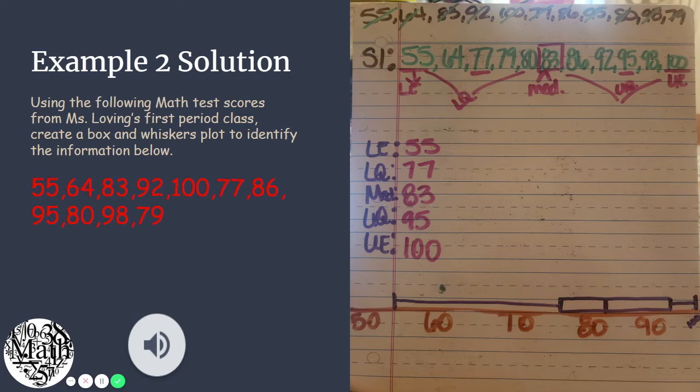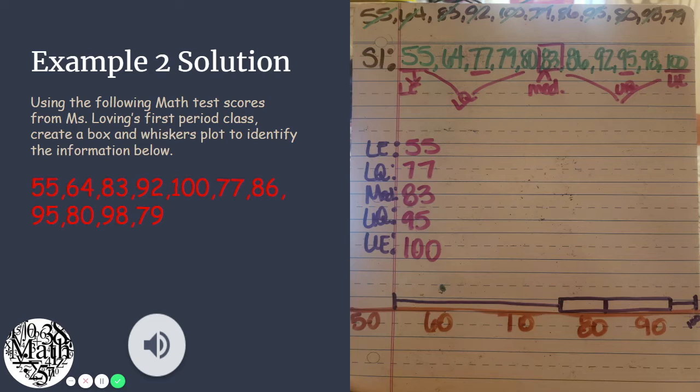And what we're going to do is locate our 5 components as we did in question number 1. The first thing that we have to do is put them in order from least to greatest, making sure that we check behind ourselves, that if we began with 11 numbers, we also end with 11 numbers.